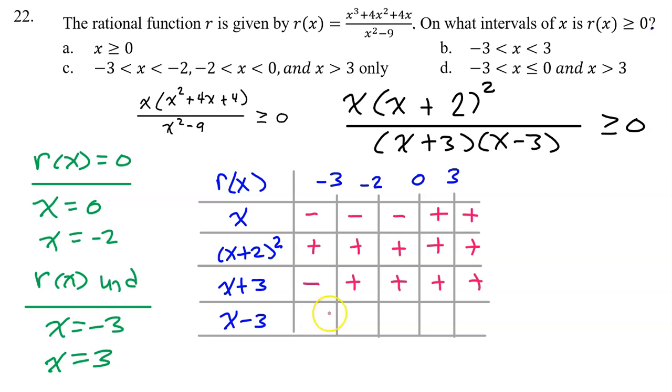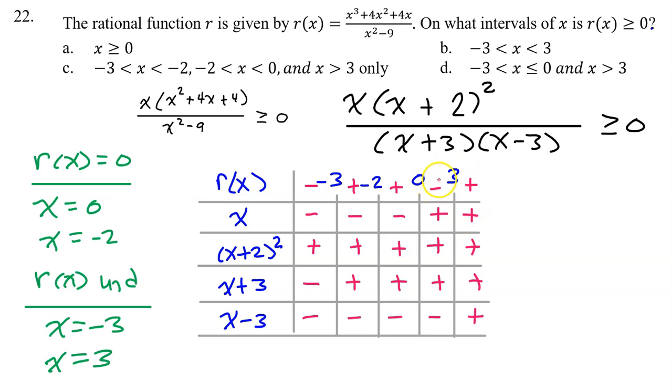X minus 3 gave us a 0 of +3. It will be negative to the left and positive to the right. We have an odd number of negatives in the first interval, so r of x will be negative here. Even number of negatives, r of x is positive here. R of x is also positive here, negative here, and positive here.